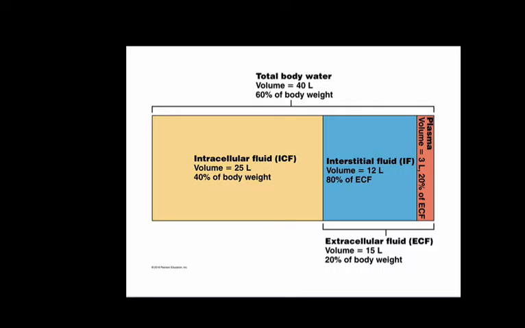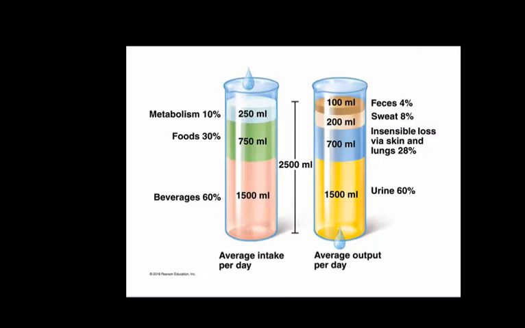So the idea is to try to keep the balance not exactly like this all the time, but have mechanisms to be able to return it back to these normal proportions.